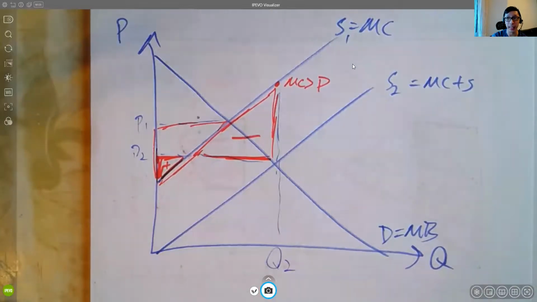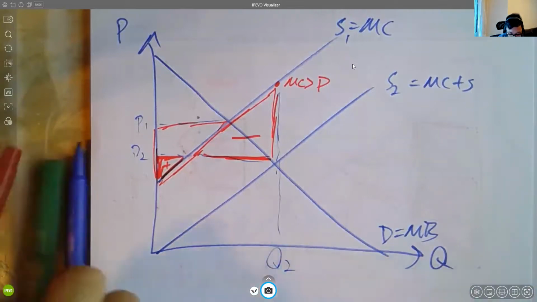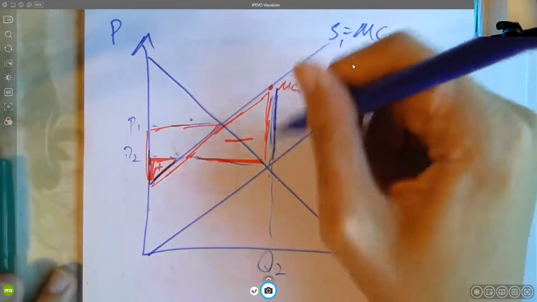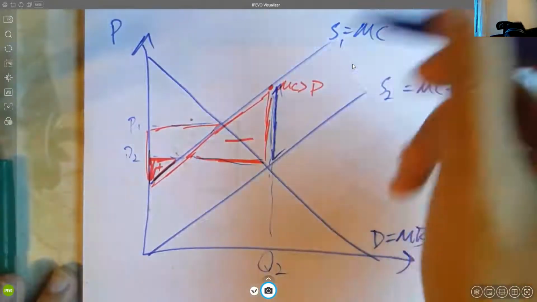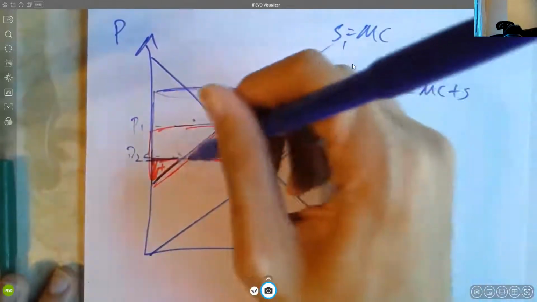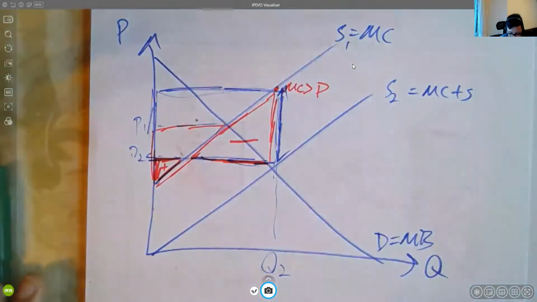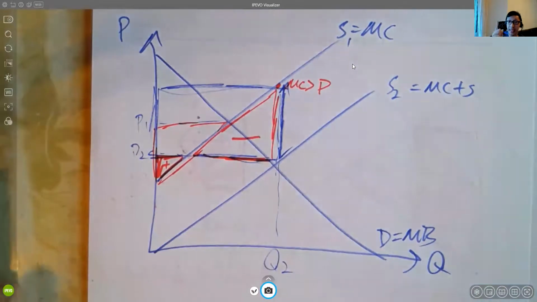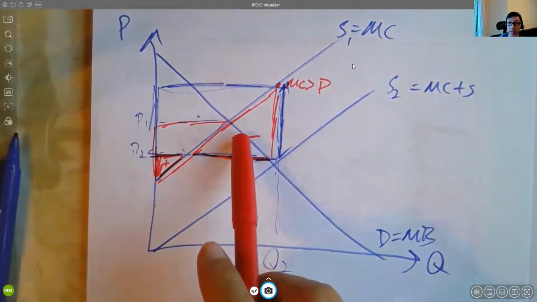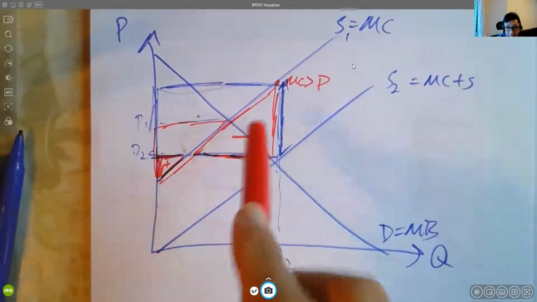Something else they are going to receive. What is that? Do you remember? They are going to receive the subsidy, right? Now remember, this is a per unit subsidy, right? Therefore, the subsidy amount will be this rectangle. So they get it back. Therefore, in total, you will see that I lost this, but somehow I gained this.